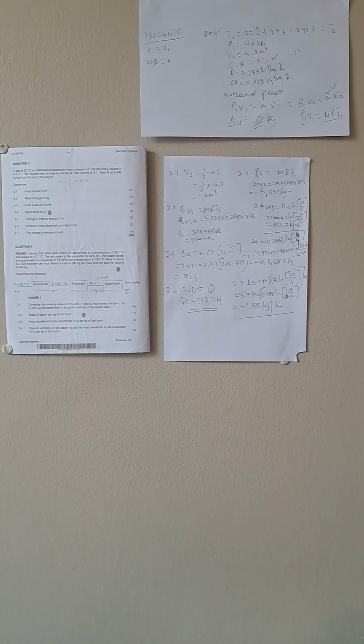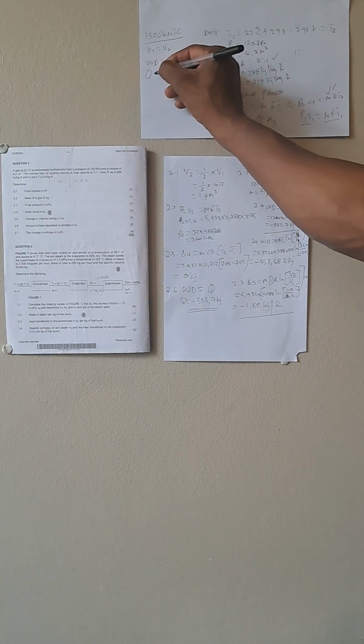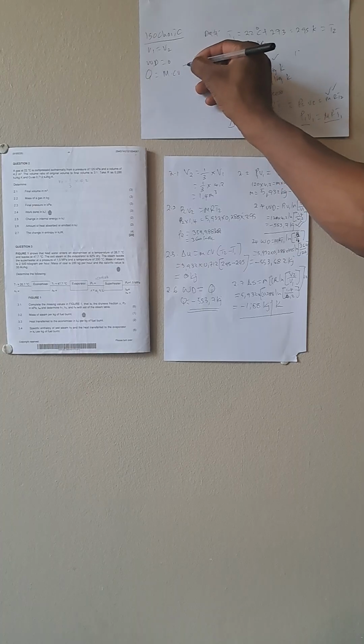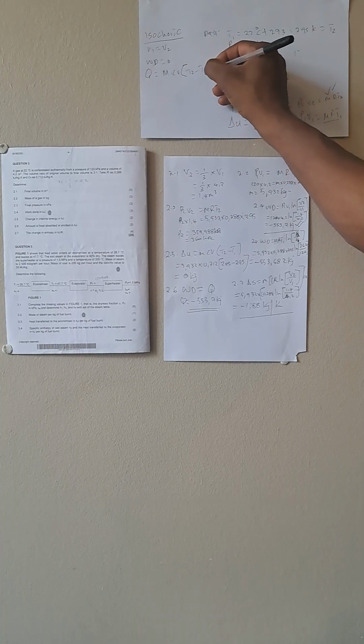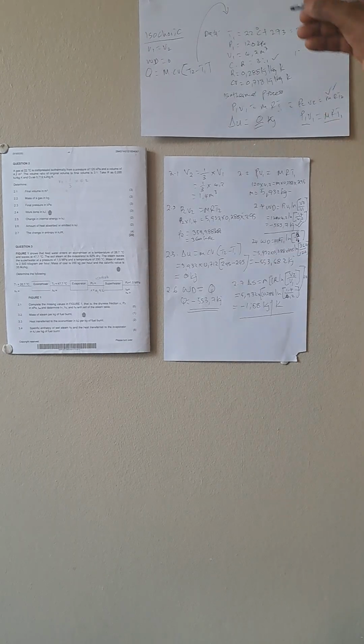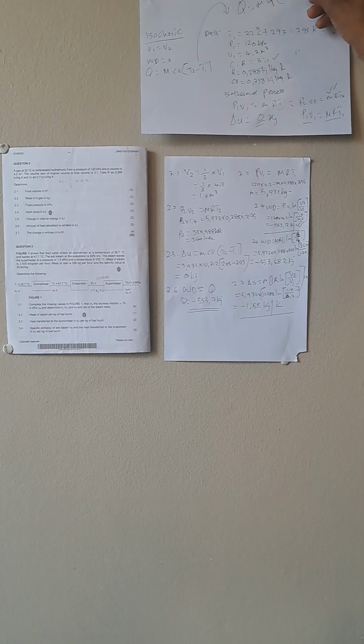And then our Q during an isochoric process equals mCV into T2 minus T1. It's just the opposite of isobaric. Remember, for isobaric, Q equals mCP into T2 minus T1.